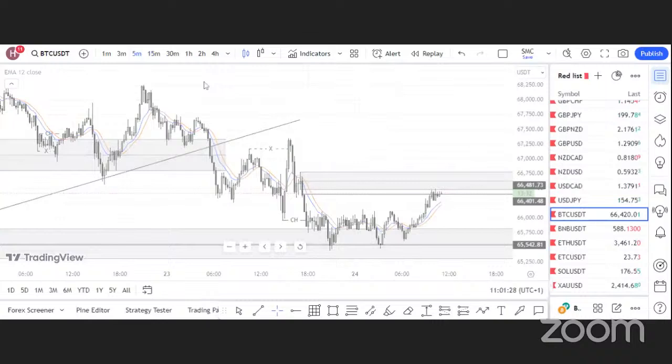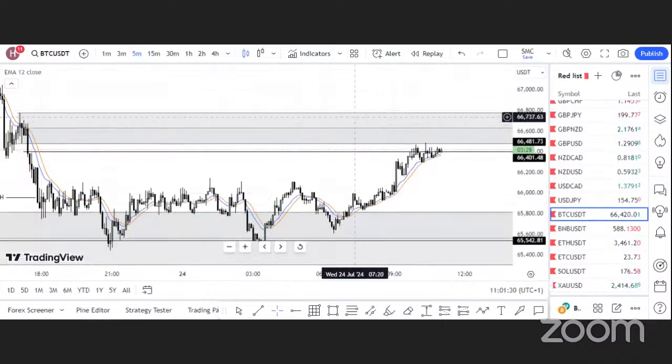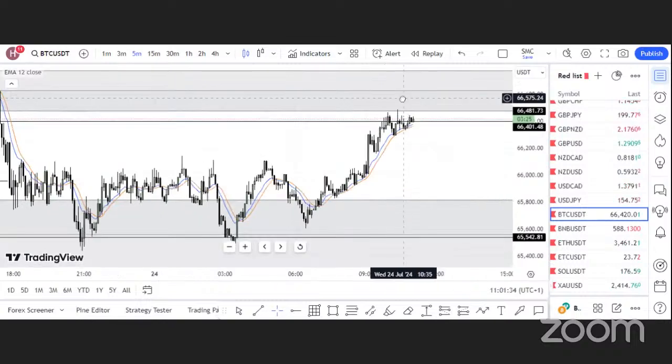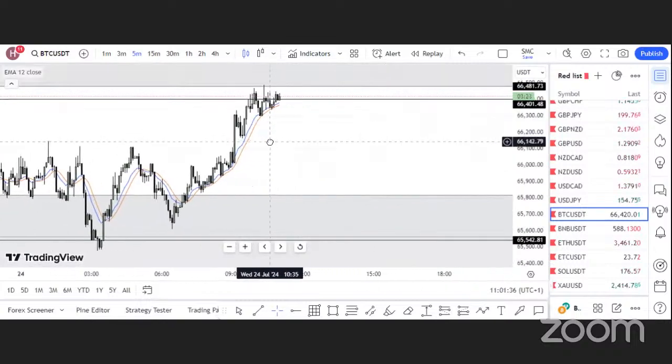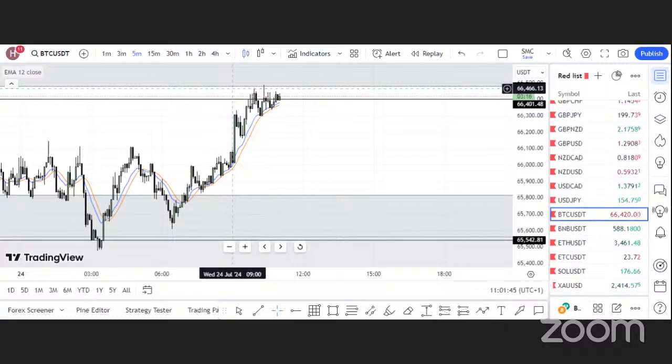All right, so the candle ended. Well, it didn't give us what we hoped for. There was no rejection. There was just an inside bar on the 5 minutes time frame.